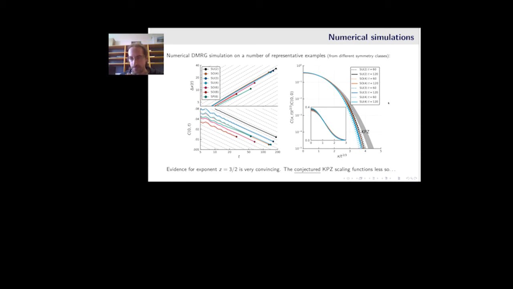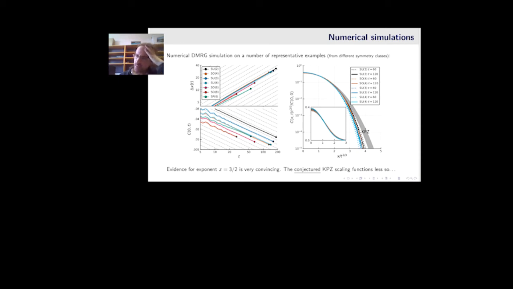Let me try to remember what we show. You scale the function according to this exponent, and then you plot on top either the Gaussian or KPZ or something third. And I think we had two different estimators, one based on the structure factor.